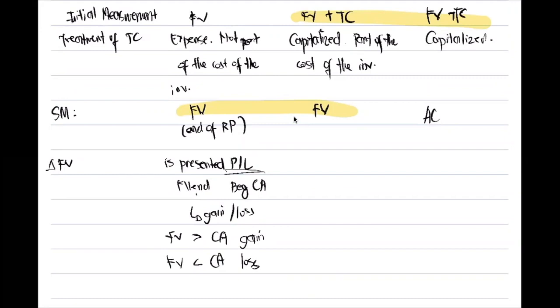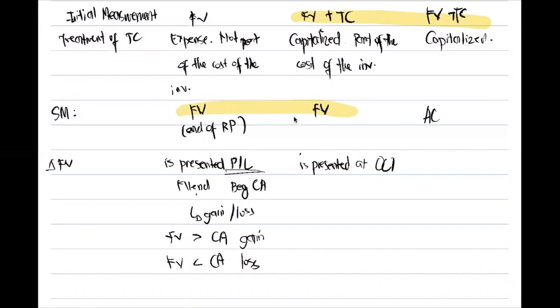Next, how about in your FVTOCI? How do we treat the change in fair value? The change in fair value is presented as an item of other comprehensive income. So it's presented at OCI. Okay? So you already know the items of OCI, right?